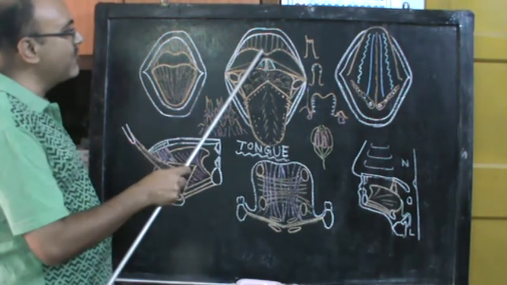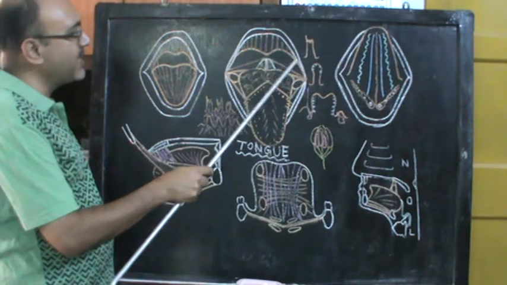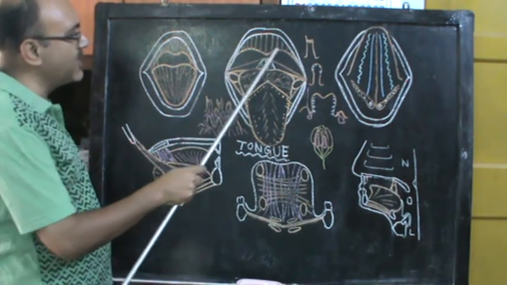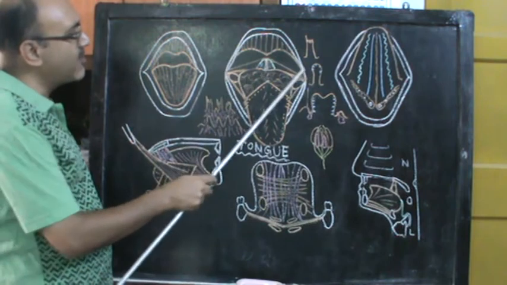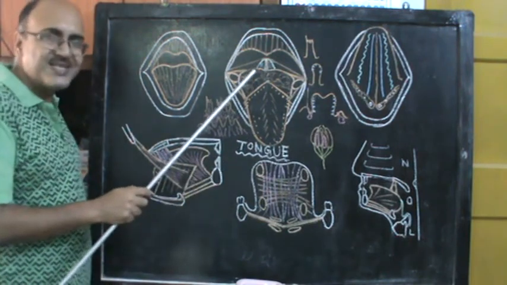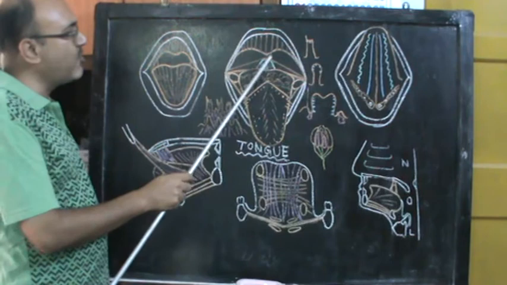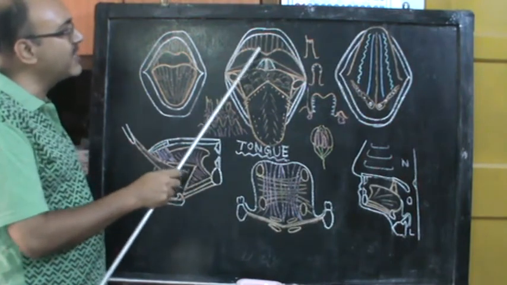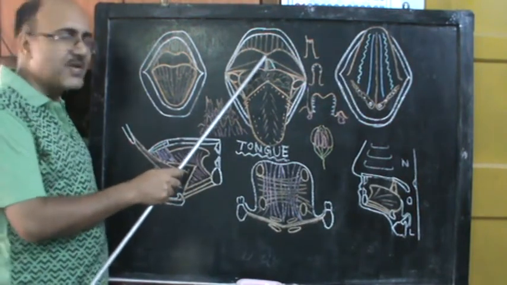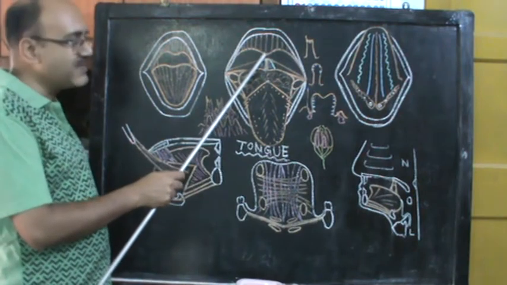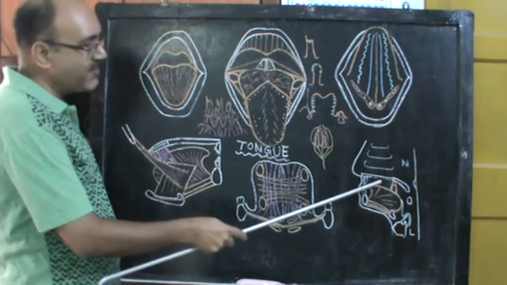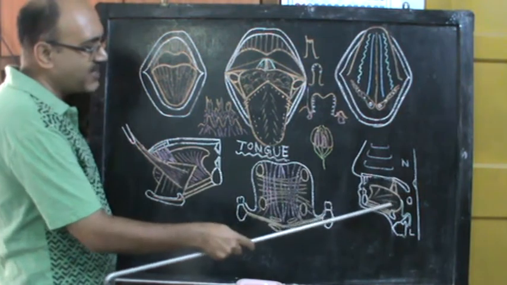Now this uvula and these palatoglossal arches together, they are constituting what we call the oropharyngeal isthmus. So there is a small sphincteric attachment over here, sort of a functional sphincter, which we call the oropharyngeal isthmus, which is actually the junction between the oral cavity and the oropharynx, somewhere here.